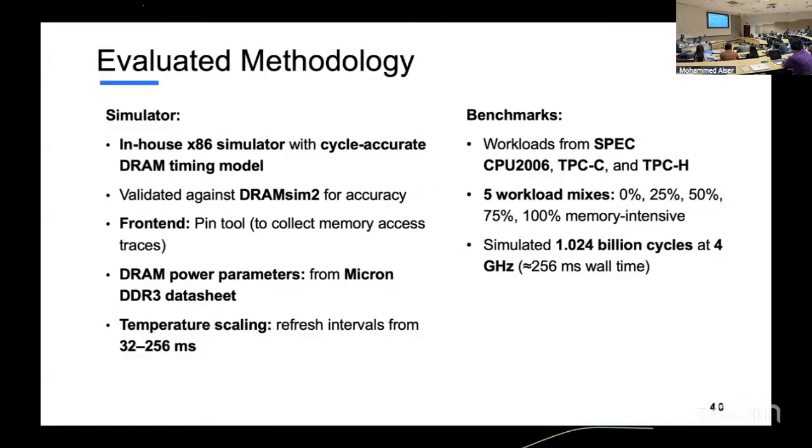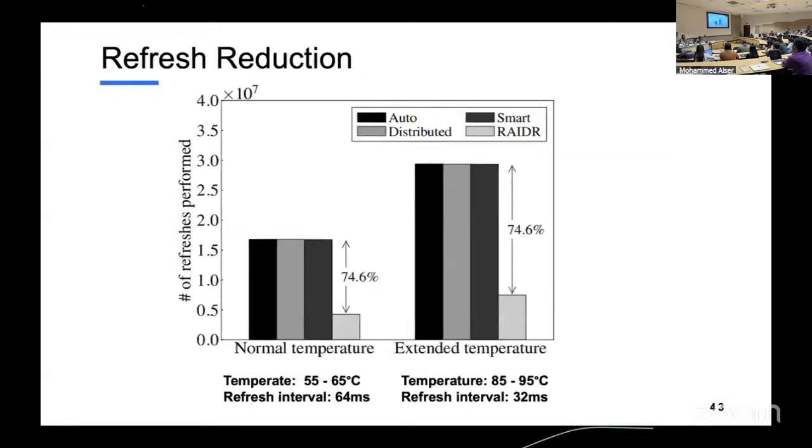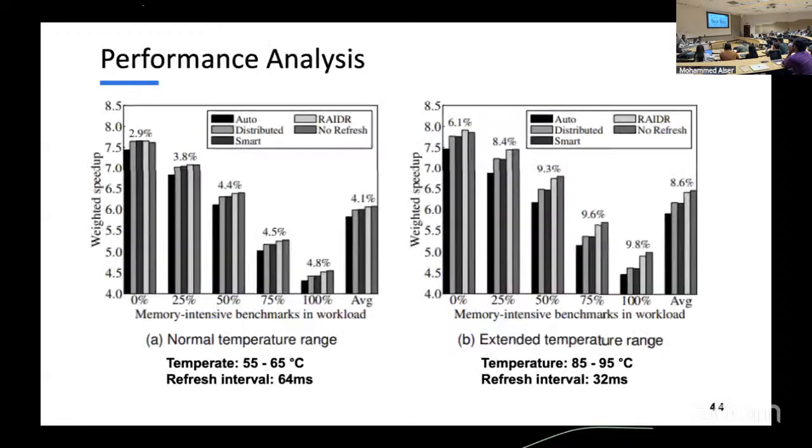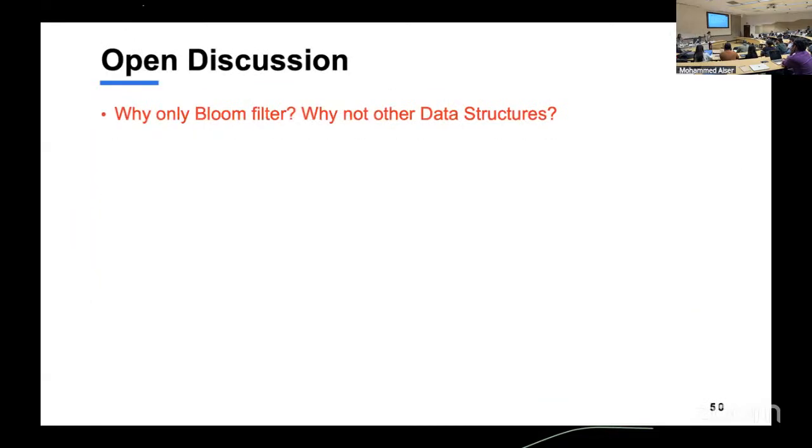We have a few questions. Let me ask you a small question meanwhile. Which generation of DDR has been used to test RAIDR?